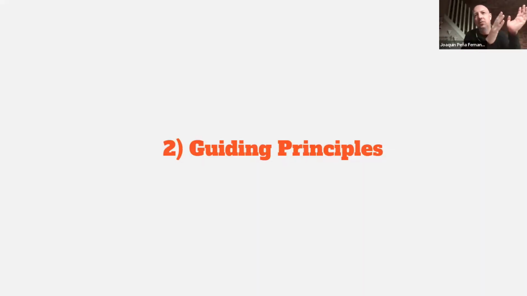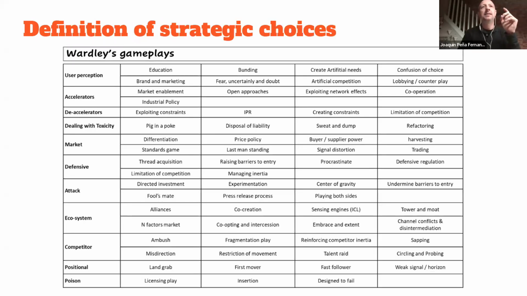The second point will be to move to guiding principles. In guiding principles, when we are working with Wardley Maps, we can use the table of gameplays proposed by Simon Wardley with the 61 types of gameplays to try to figure out what are the areas that I can work with.